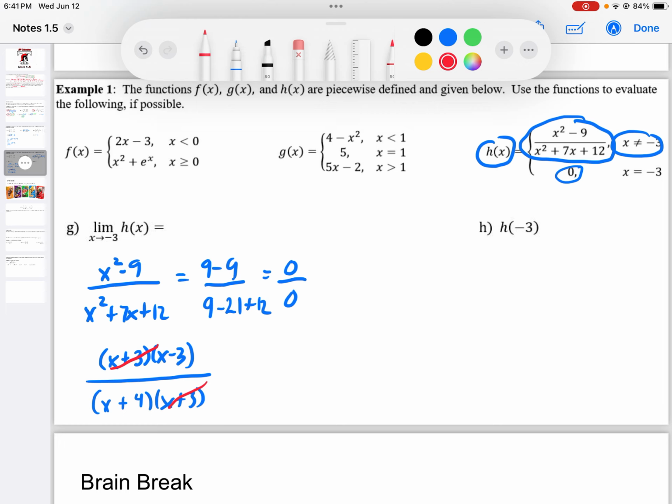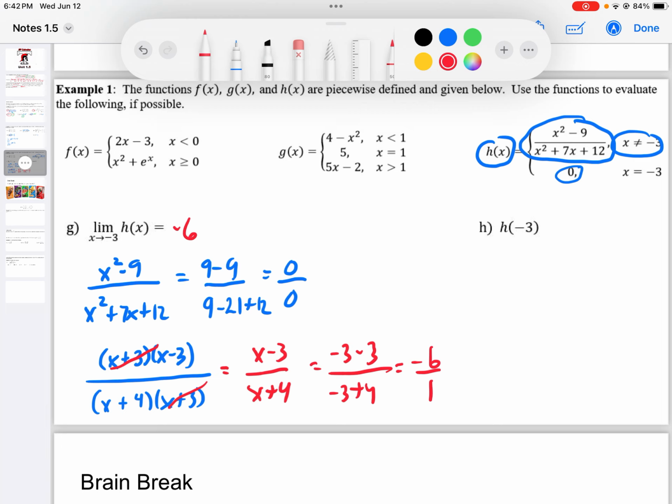If I plug in negative 3, that's my restriction. So that's gone, and I just get x minus 3 over x plus 4. Now if I plug in negative 3, just plugging in negative 3 for the x's, I get negative 6 over 1. So the answer is just negative 6.